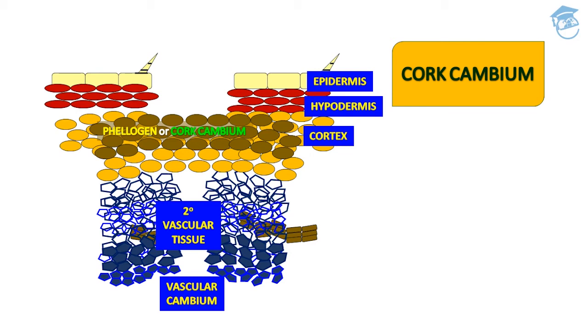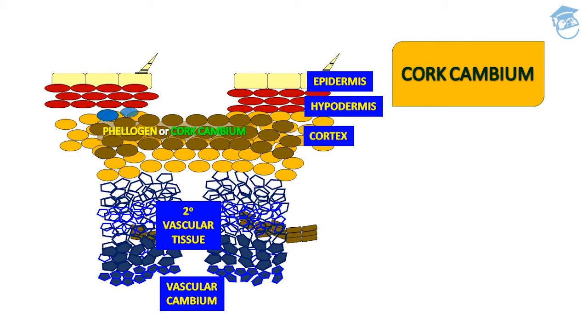As the stem continues to grow or increase in girth due to the activity of vascular cambium, the outer cortical and epidermal layers get broken, as you can see, and they need to be replaced to provide new protective cell layers. Hence, sooner or later, another meristematic tissue, which we call cork cambium or phellogen, develops, usually in the cortex region.